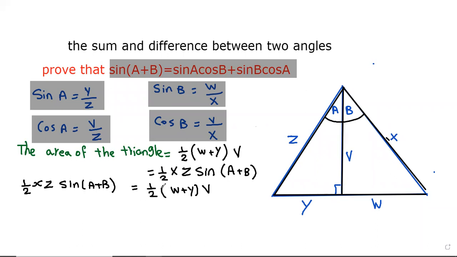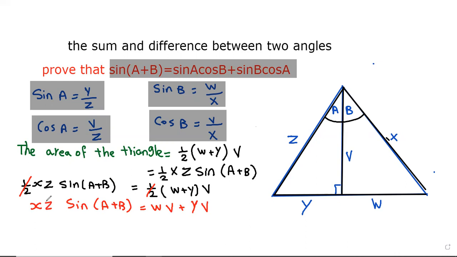We can cancel half and half from both sides. So we are left with xz sine(A + B) equals (w + y) multiplied by v, so we can multiply the v by the brackets, so it's wv plus yv.